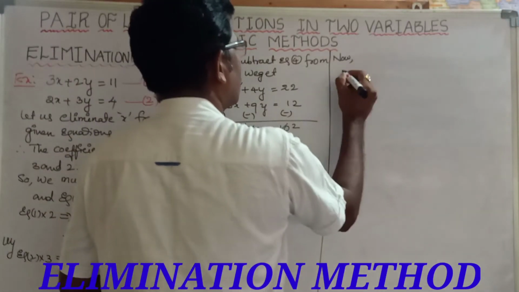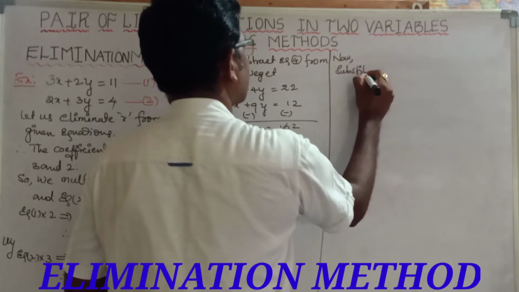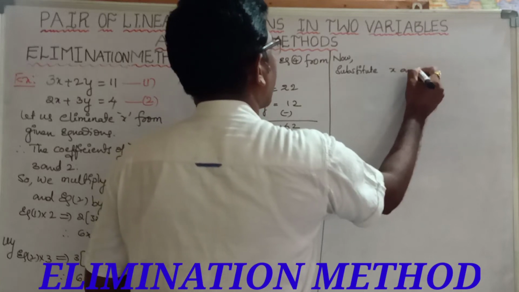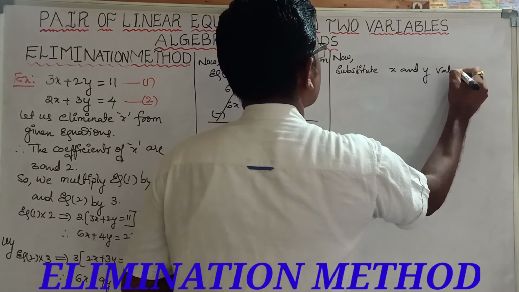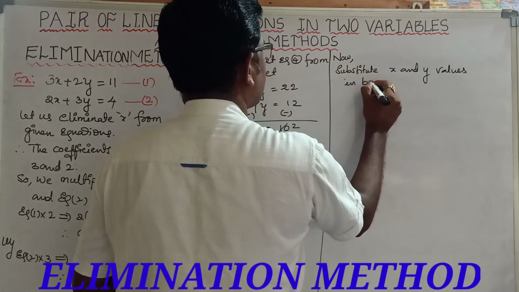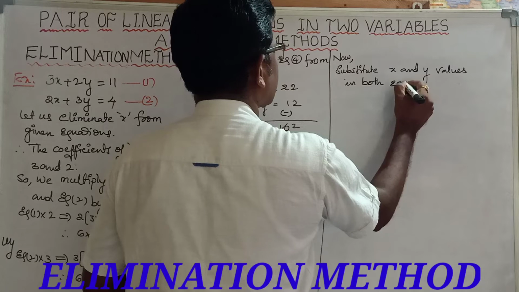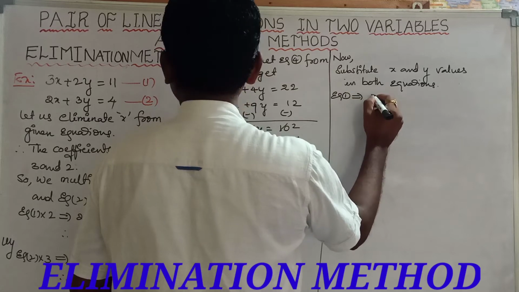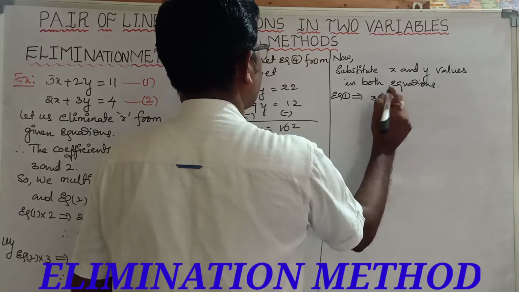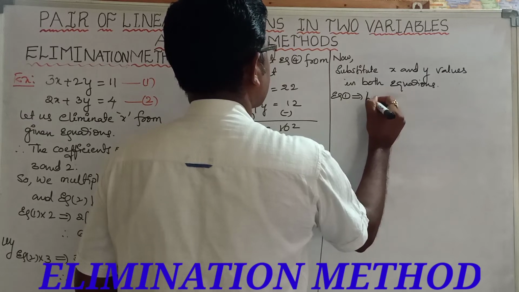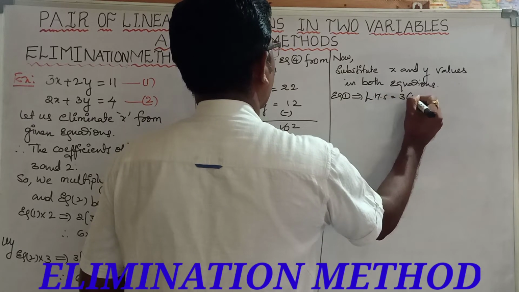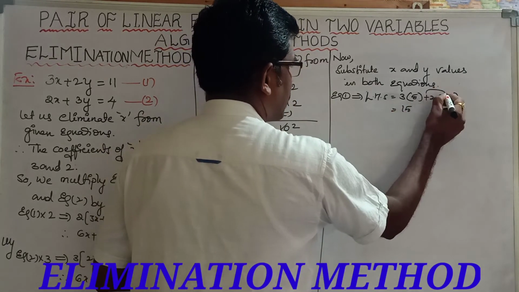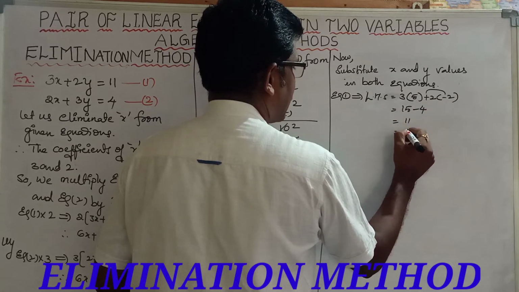Now, substitute x and y values in both equations. Equation 1 implies, LHS, 3 into 5 plus 2 into minus 2, 15 minus 4 is equal to 11, RHS.